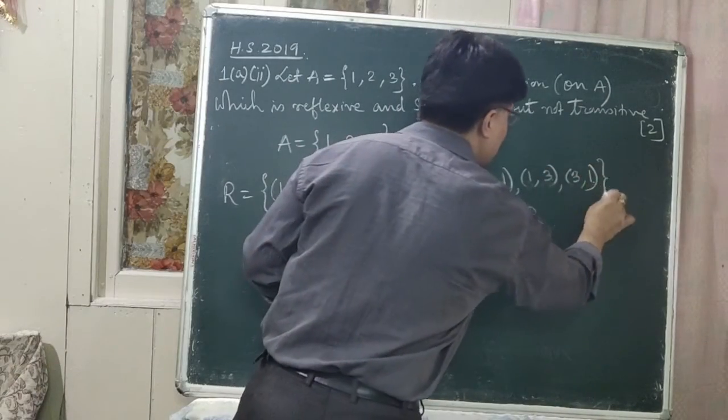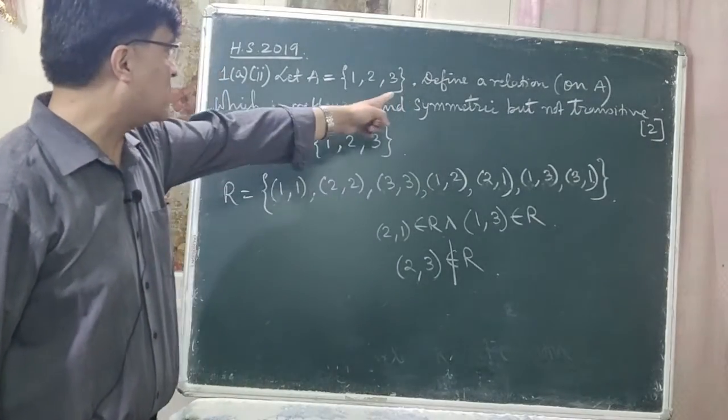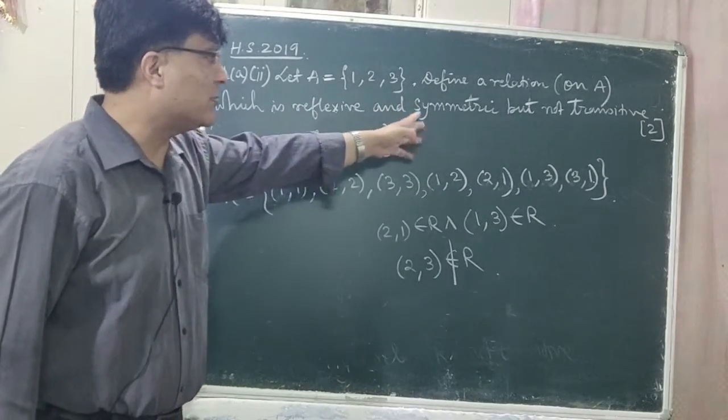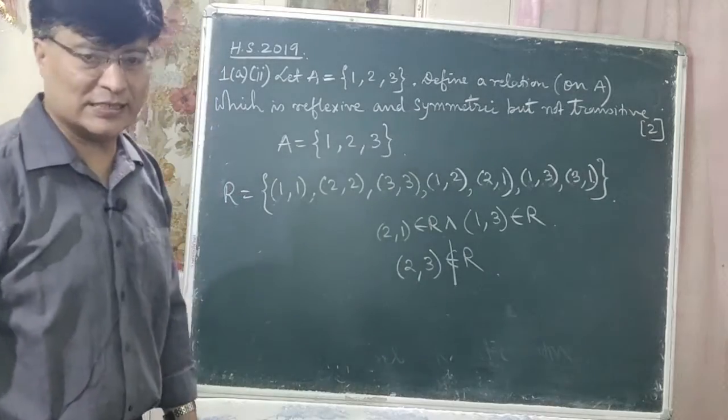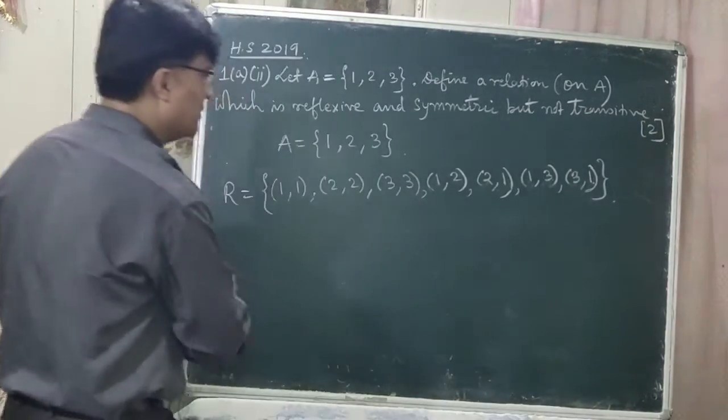So you can close this second bracket. So this is an example of what? Which is reflexive and symmetric but not transitive. So I think you have understood it. So this is not transitive.